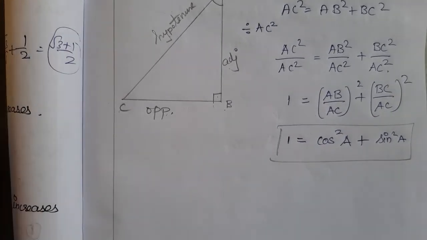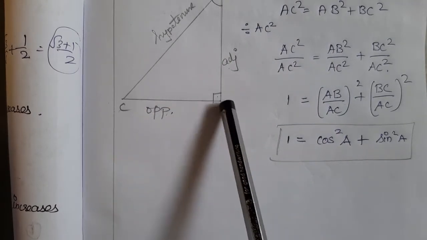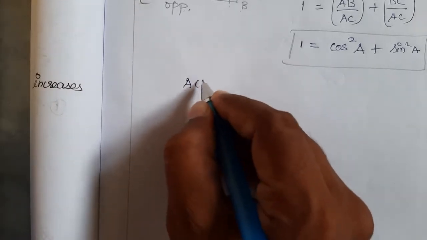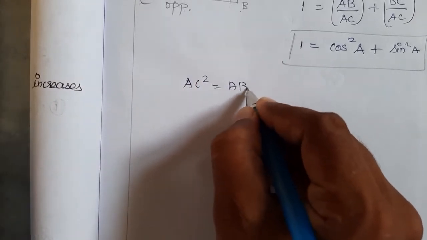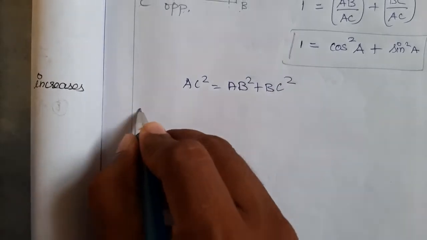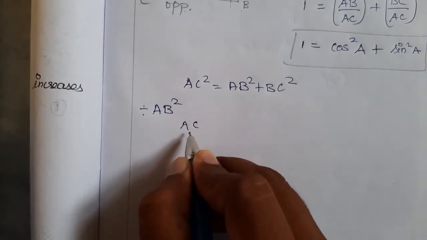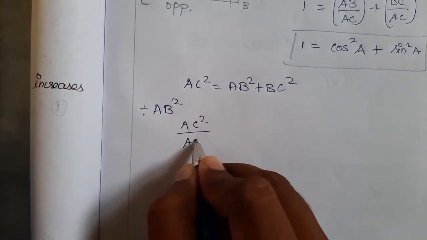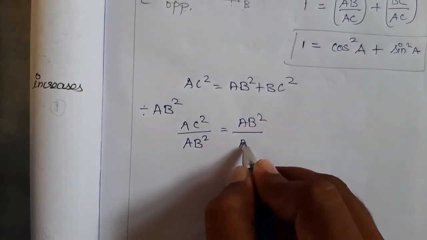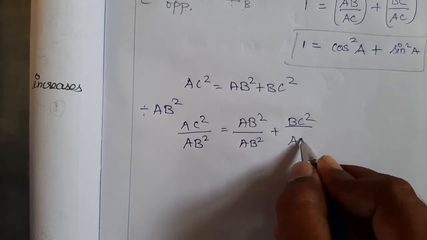So likewise we can obtain identities by dividing by AB and dividing by BC also. So choosing the same, AC square is equal to AB square plus BC square. Let me divide with AB square, so you will be getting AC square by AB square is equal to AB square by AB square plus BC square by AB square.